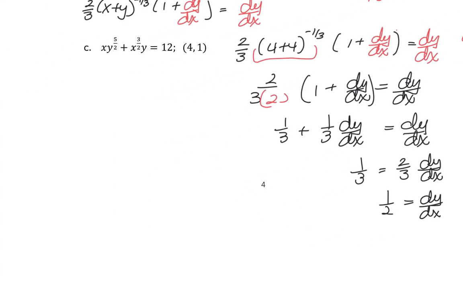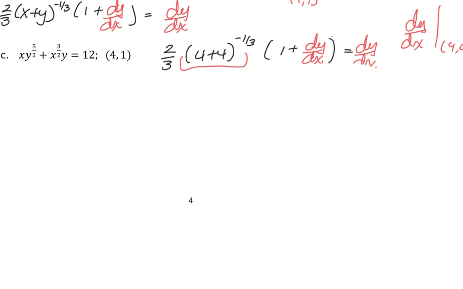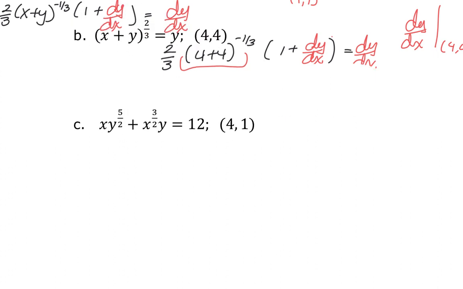Now let's take a look at this next one. Let me erase all of this so I can have some space. Looking at this example, I have to use the product rule, where this is u, this is v, and I'm going to do it again, this is a new u, this is a new v.